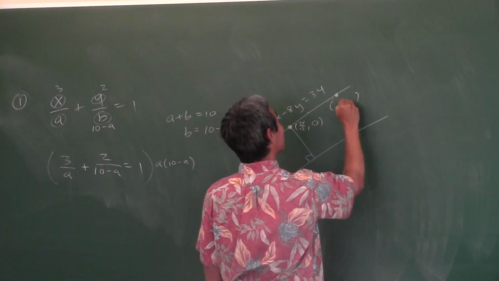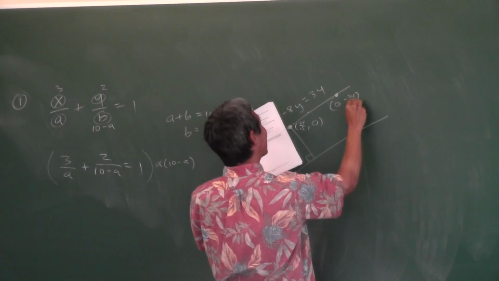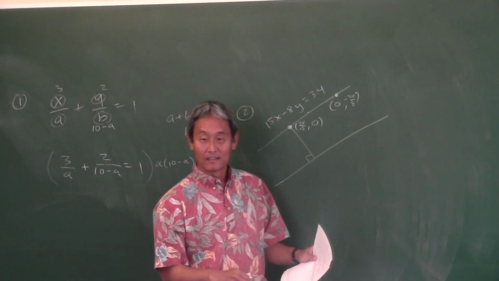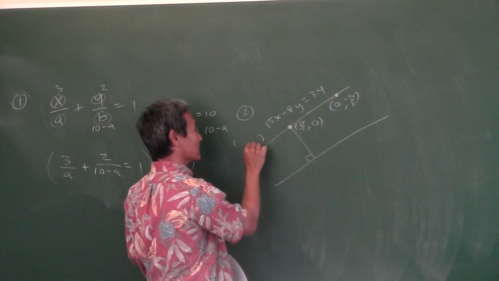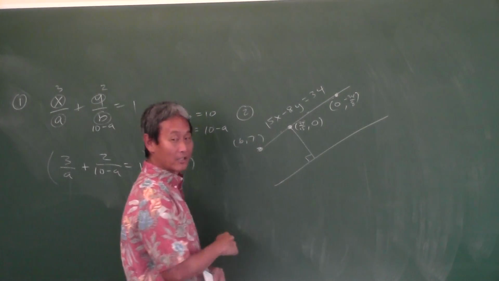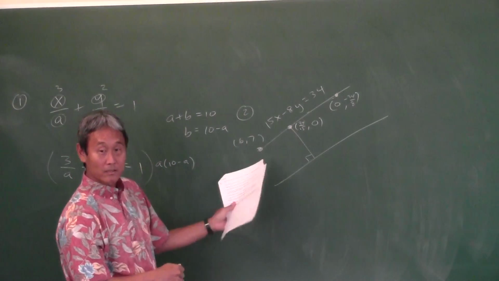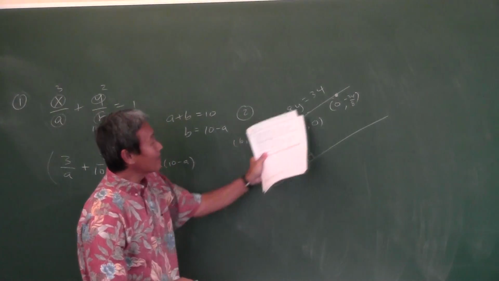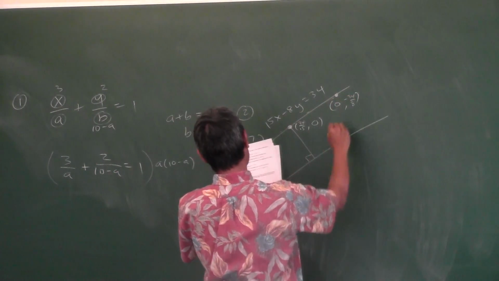How about make x 0 and then y will be negative 34 over 8. Oh no, Mason has another one. Give me another one then. (6, 7). Oh, you like the integers then, huh? Does that work? Yeah, that works. There's an infinite number of points. Just get one and then find the distance between any one of these points and the line.